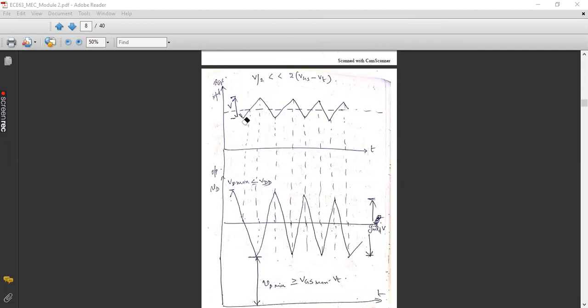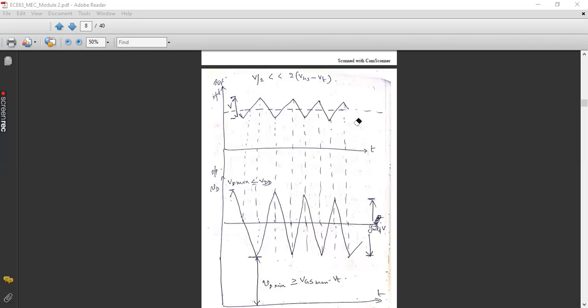Whenever the input crosses the reference level towards positive, correspondingly your output should cross the reference level and move towards negative. So this shows the output waveform, and the amplitude of your output is more than that of the input, so as to show the amplification factor.